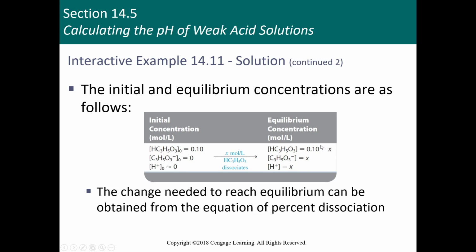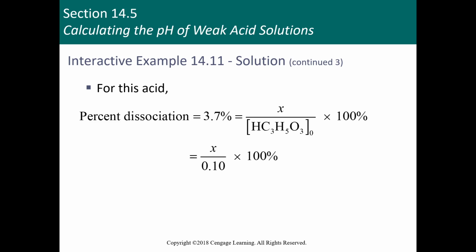And so again, we have the equilibrium concentrations, which are 0.1, the initial, minus the change, right? And then these will be equal to that amount of change. So whatever you use here has to show up here. All right, so these equilibrium amounts can actually be obtained from our equation for percent dissociation.